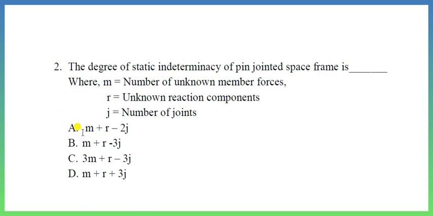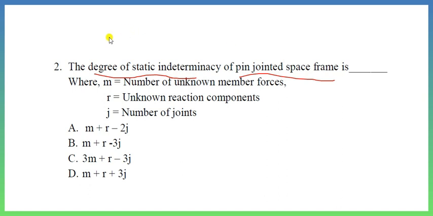So first option is M plus R minus 2J, second M plus R minus 3J, option C 3M plus R minus 3J, and option D M plus R plus 3J. So here we have to find out the degree of static indeterminacy for the pin jointed space frame.